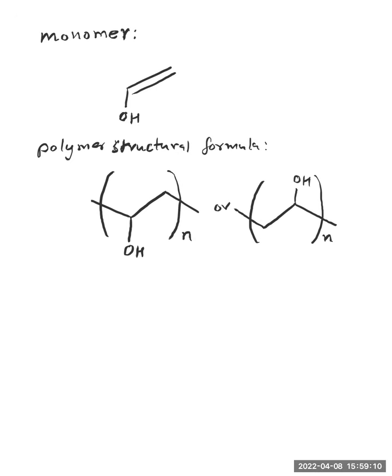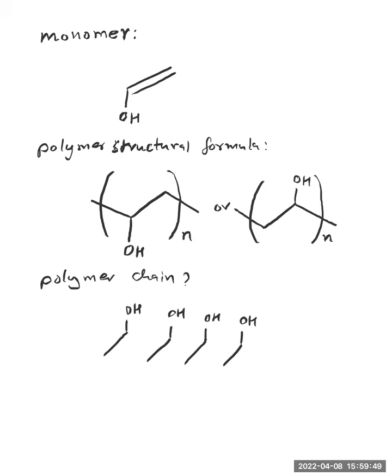Okay, and then if you really want to write the entire polymer, we can do that as well. So the polymer chain: again, we always start with the repeat unit. What is repeated is this part, and that is repeated over and over and over.